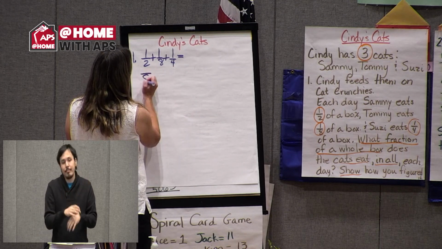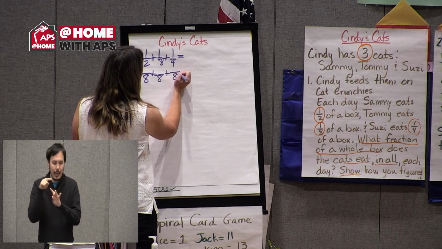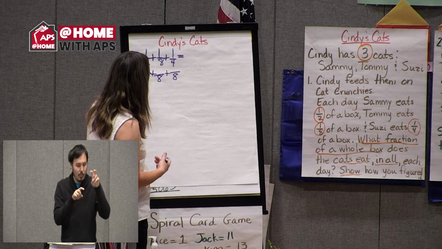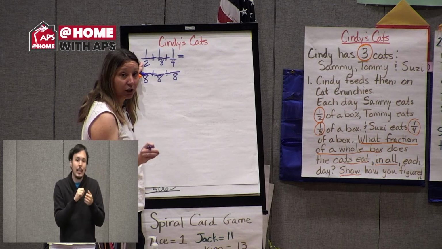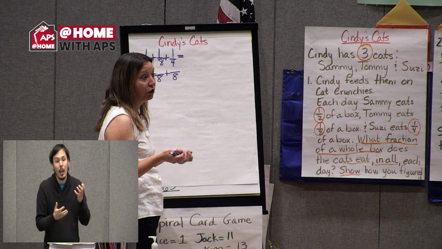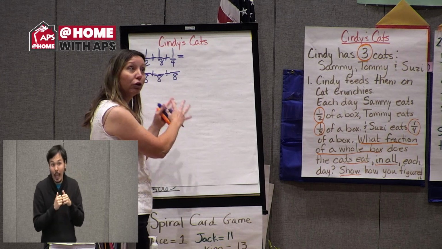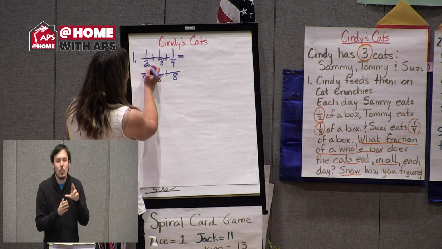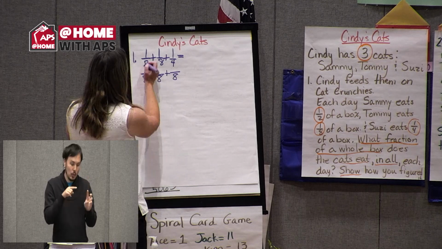So if I have here my 8s, now we got to figure out the hard part. How do we get from these numbers to our new denominator? So I have, again, we're looking for equivalent fractions. We had gone over that in the past, but I want to make sure that you know that what we've done earlier is helping us out now. So how do I get from 2 to 8? I multiply by 4.